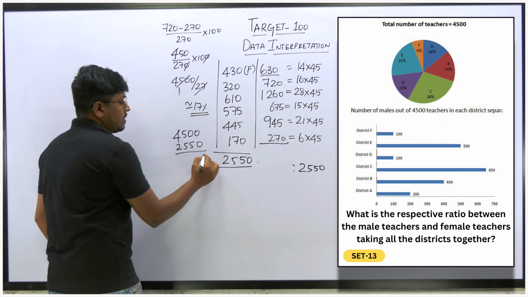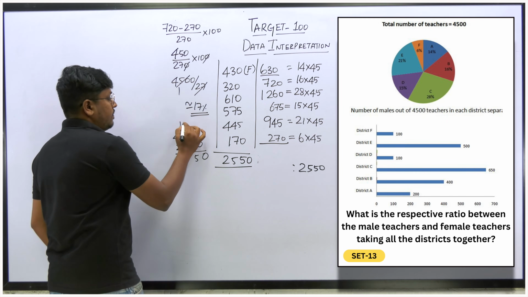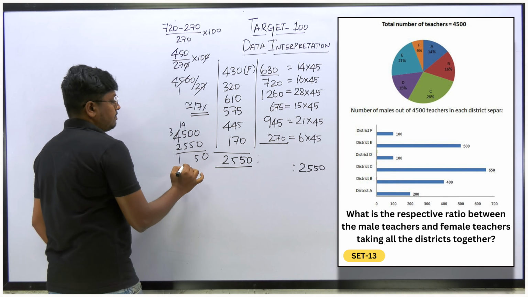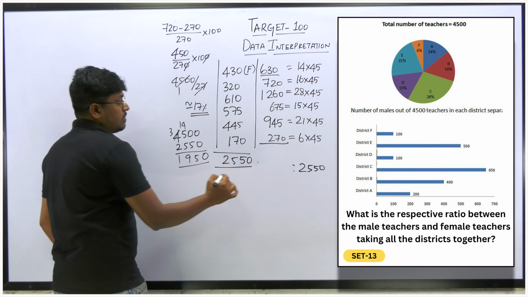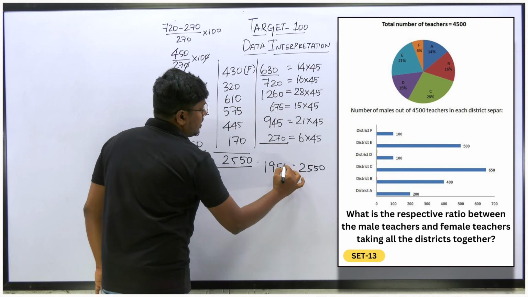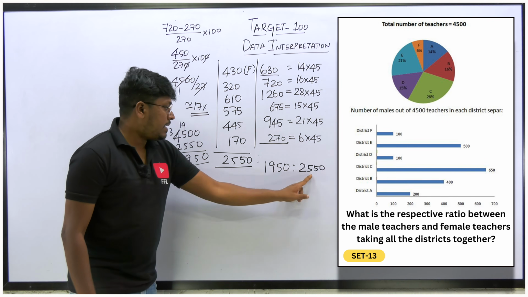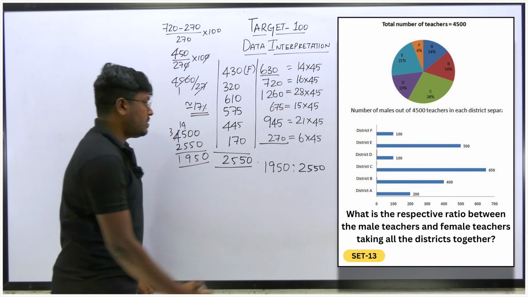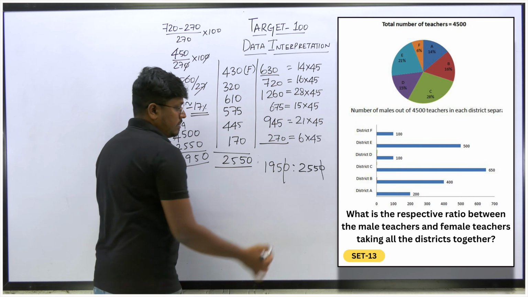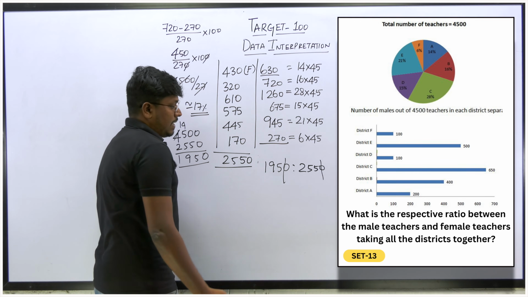Out of 4500, 2550 is the total number of female teachers. When you subtract both, we get 1950. So 1950 will be the total number of male teachers and 2550 the total number of female teachers.